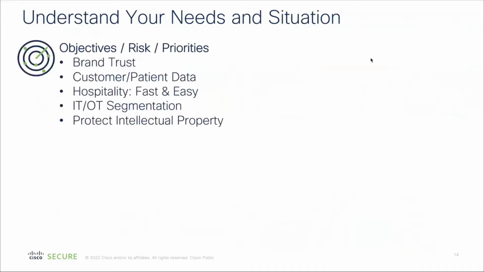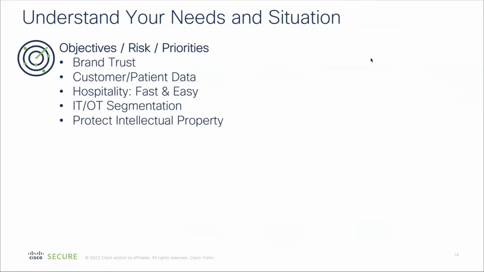So, as I mentioned, some of these different verticals or organizations are going to have different needs depending upon what their objectives are with their customers. If you're a tech company, you want to try and protect your intellectual property, so you may want to set up things around that.